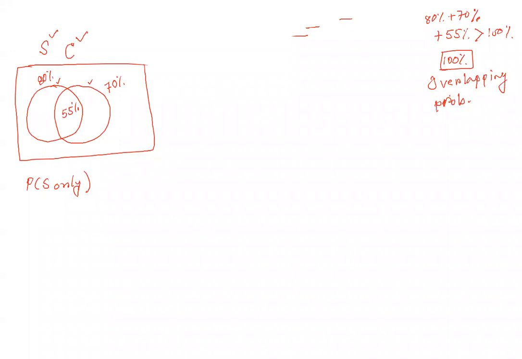Lysandra? Yes. Who should I believe? And why? Could you ask that question again? My internet was going on and off. Oh, okay. Find the probability that a student passes statistics only.